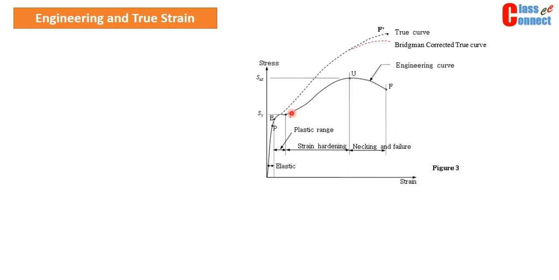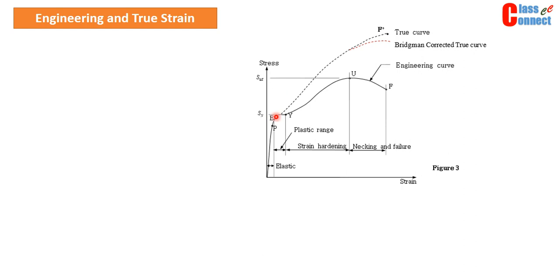So this particular curve is for mild steel, and mild steel is a ductile material. In mild steel we get this plateau, that straight portion, which we only get in mild steel. As we increase the carbon percentage, this plateau size is reduced, and finally we get just a small point.